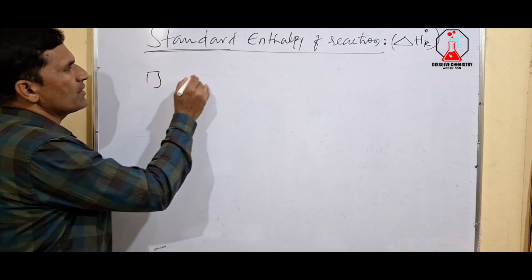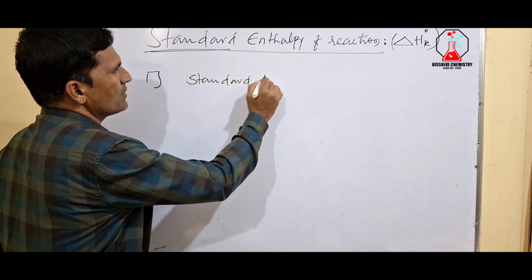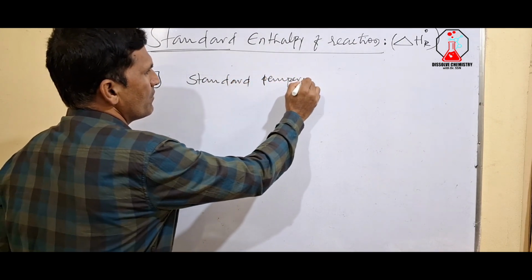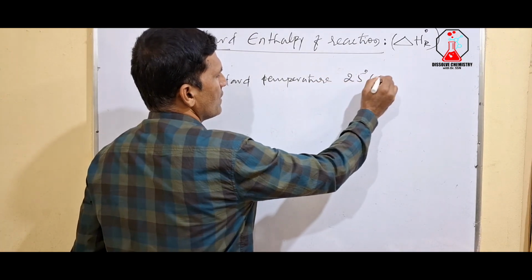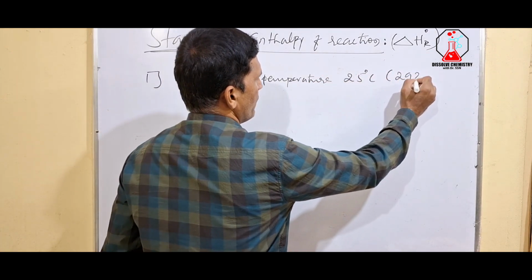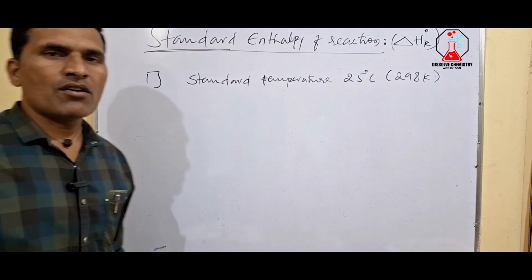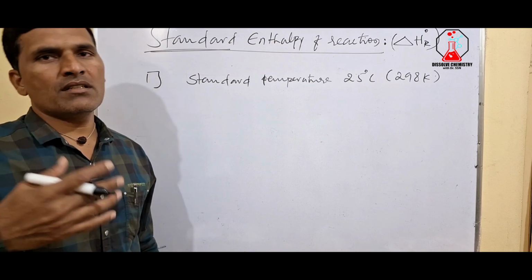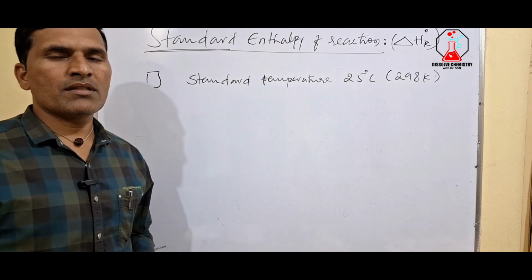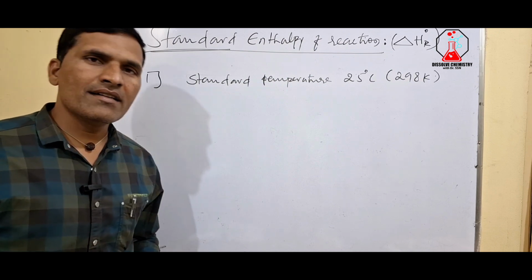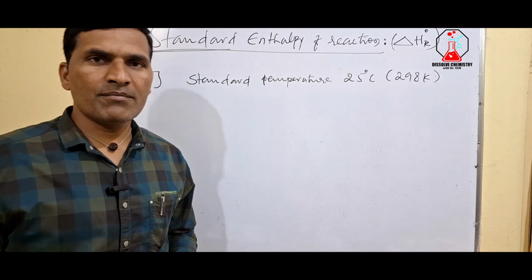You have to maintain the standard temperature. Usually the standard temperature we will take by convention as 25 degrees Celsius or 298 Kelvin. Okay. If it is not mentioned, because some of the elements or compounds or substances have their standard states at different temperatures. Say for example, take standard enthalpy of fusion of ice.